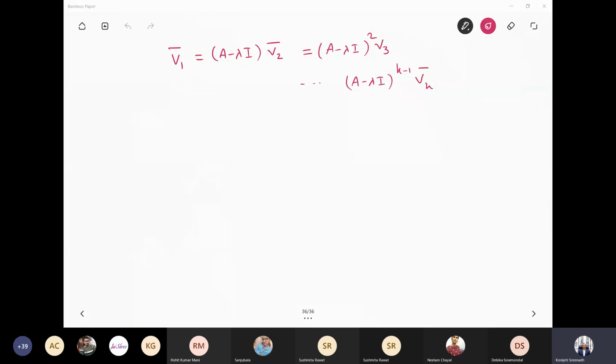Okay. So what I was saying is about these vectors that we were looking at.